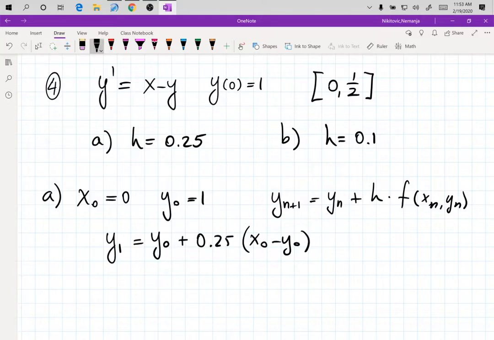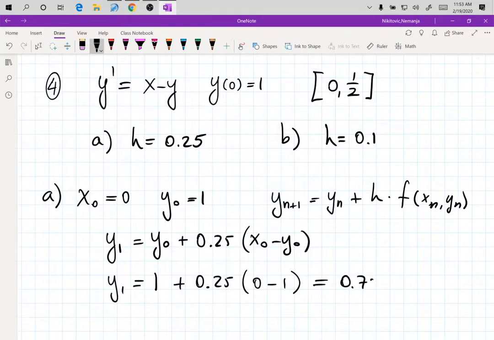When my n is equal to 0, the first y value I get is going to be n plus 1, which is y1. So now this calculation, when I plug numbers in, is going to be y0 is 1 plus 0.25 times x0 is 0 minus y0 is 1.